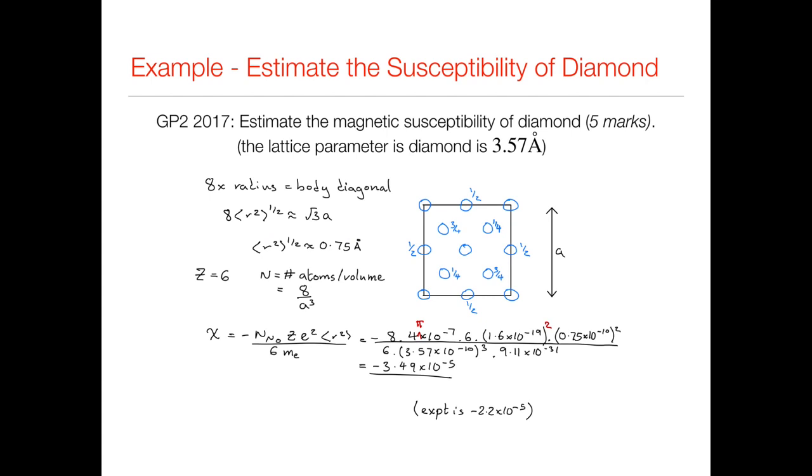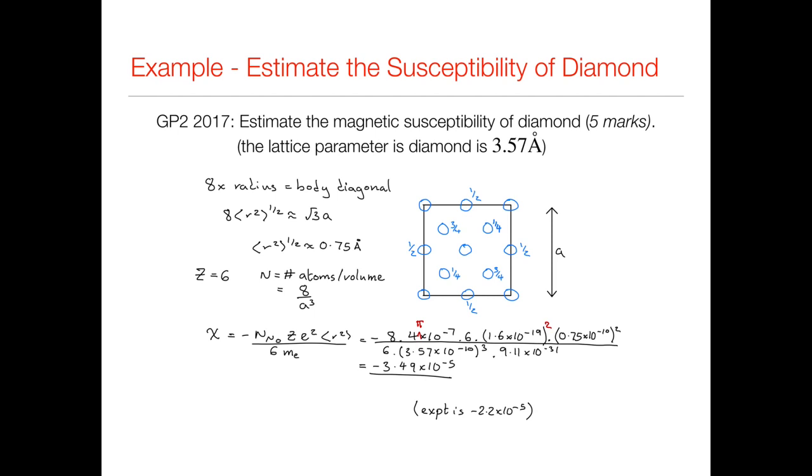Okay, here's that written out a little bit neater. Okay, so this is, as I said, diamond is probably an example where this works rather better. Other solids will be not quite so accurate, but often still the right order of magnitude.